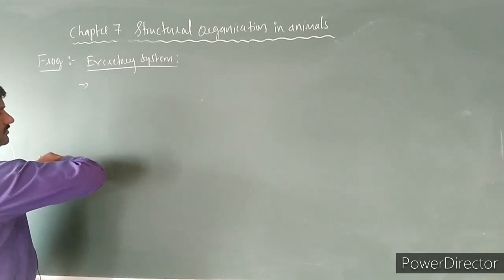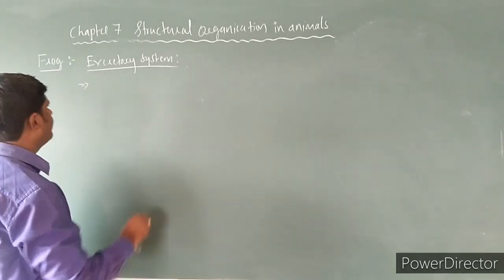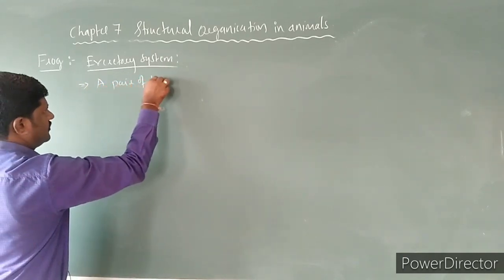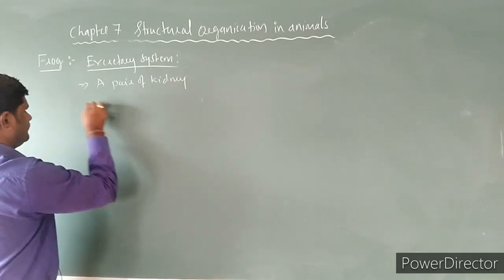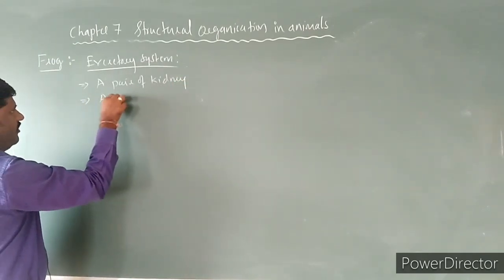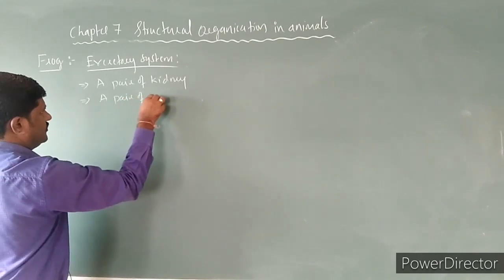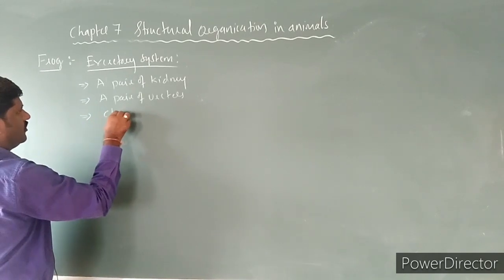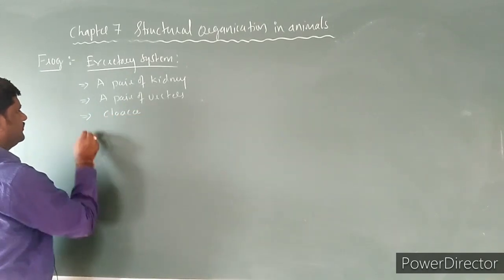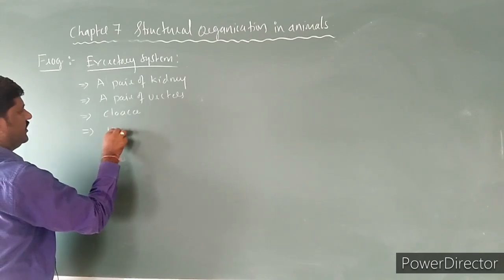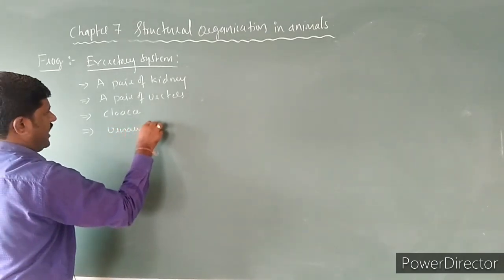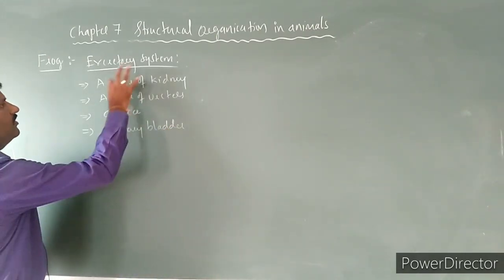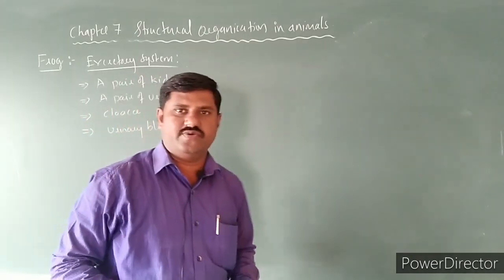Here, the excretory system in a frog mainly consists of a pair of kidneys, a pair of ureters, and cloaca, a special structure, and urinary bladder. So all these are the structures that we come across here.